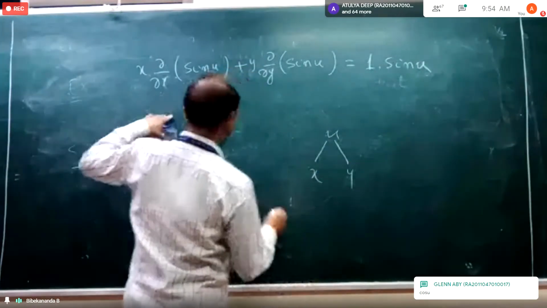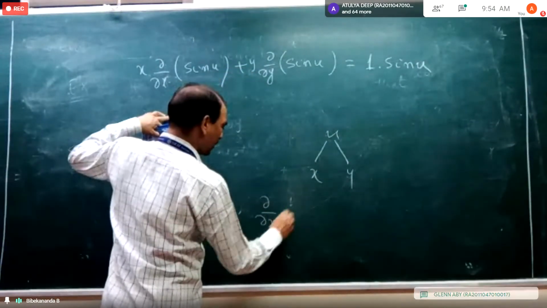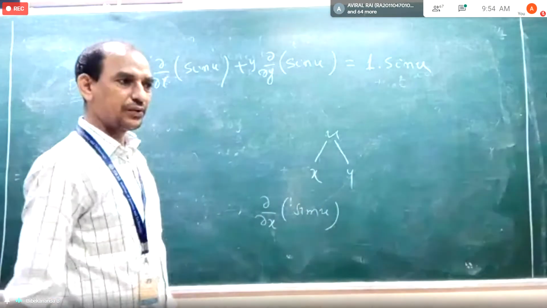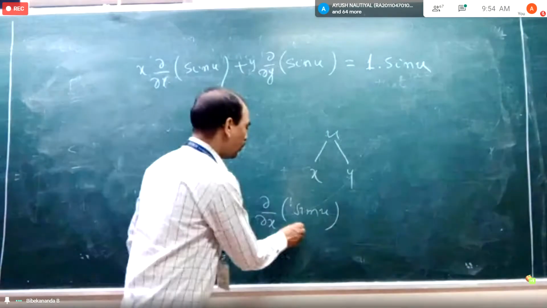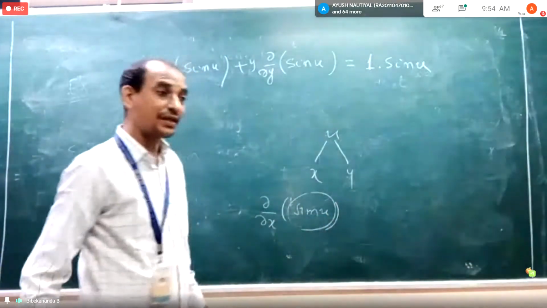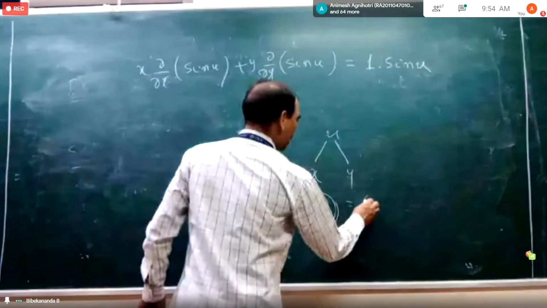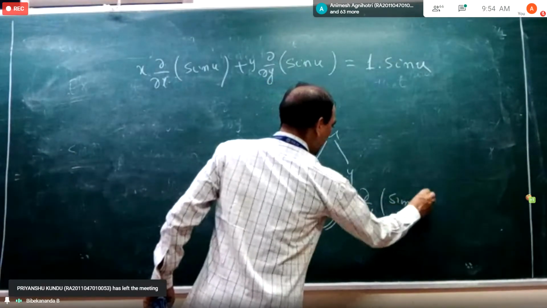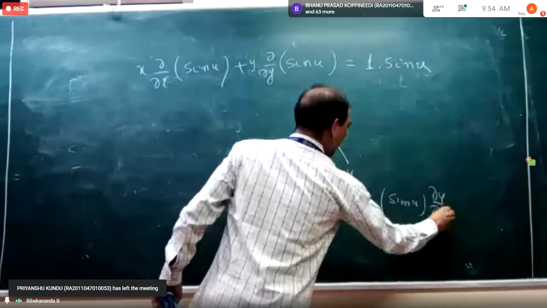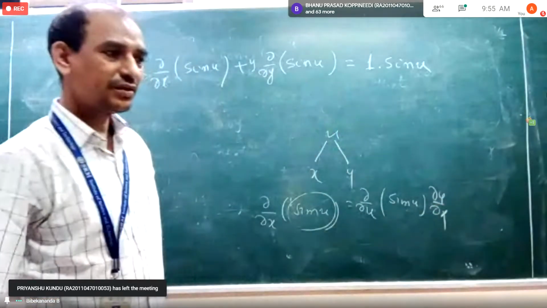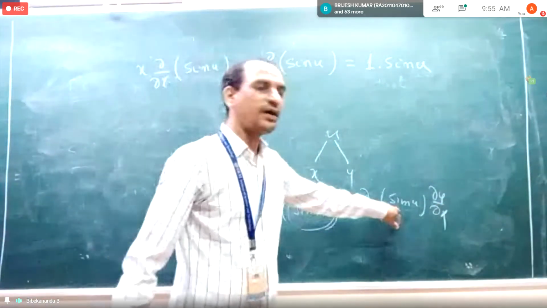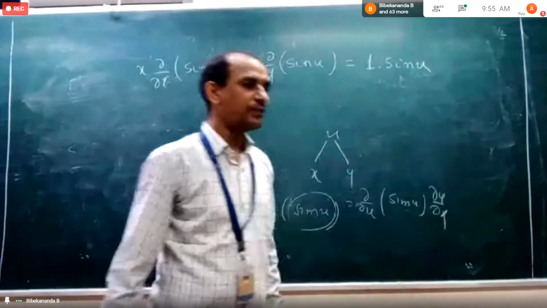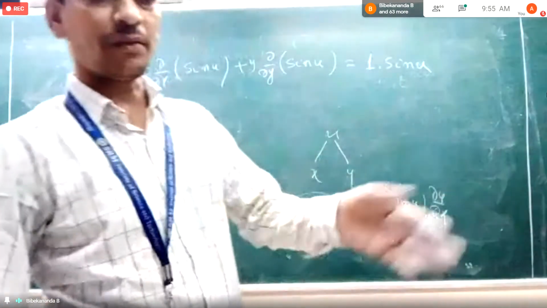Now here we are finding dou by dou x of sine u. We will first find the derivative of sine. We can write in this way: cos u into dou u by dou x, because sine u is a function of u and u is a function of x. Chain rule we will come to after this.